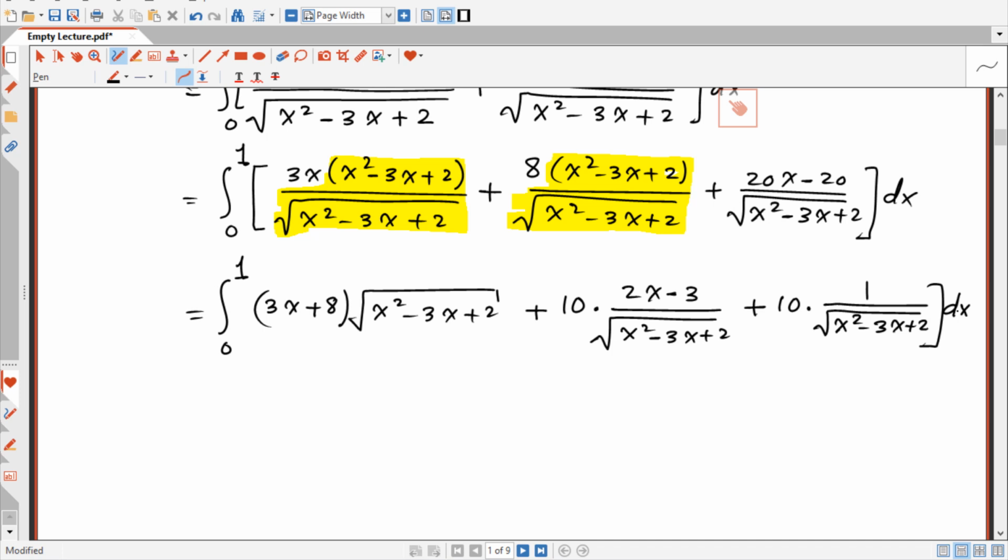Now I will use the red color to simplify things. I will call this integral here I, and I will call this integral here J, without the 10. Let's break it down more to make things clearer.